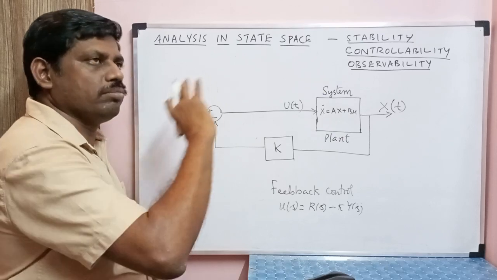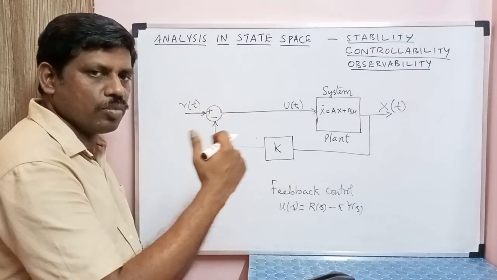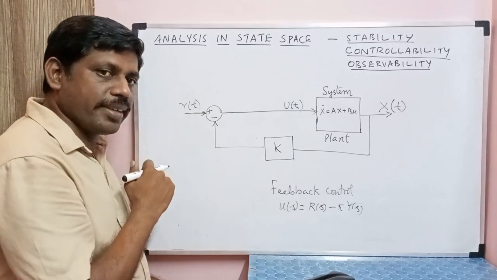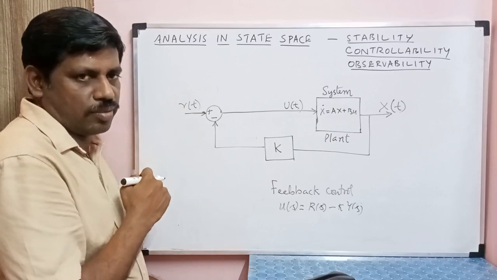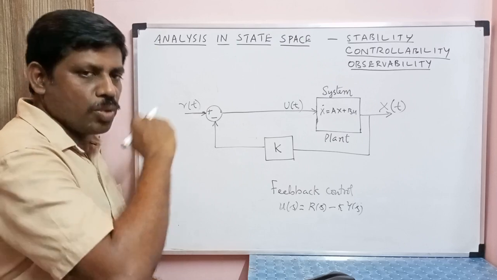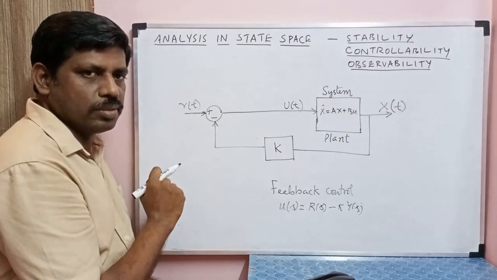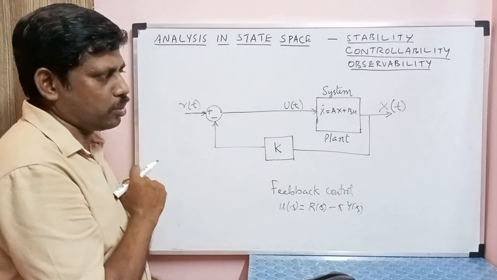Let us assume that I am controlling the output, that is angular speed omega of t, but the armature current increases. I am not able to control armature current. What will happen? The motor gets damaged. Therefore, in most of the systems, not only the output, but the internal state variables also have to be controlled.